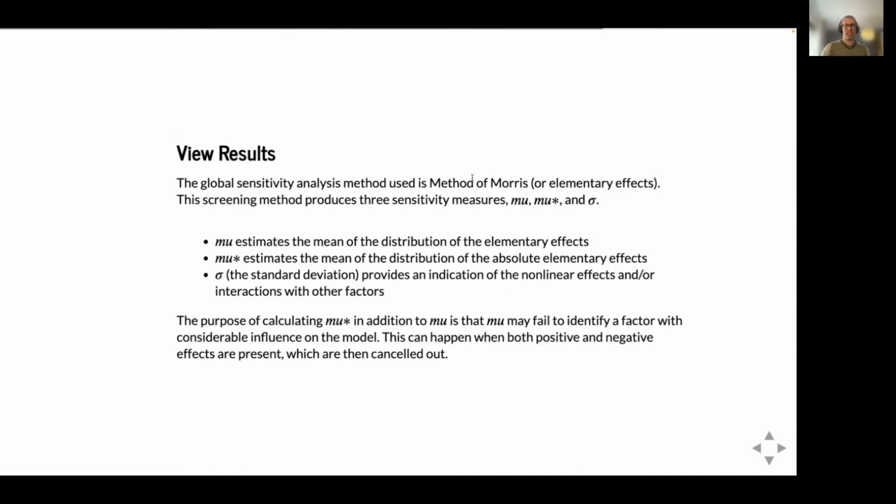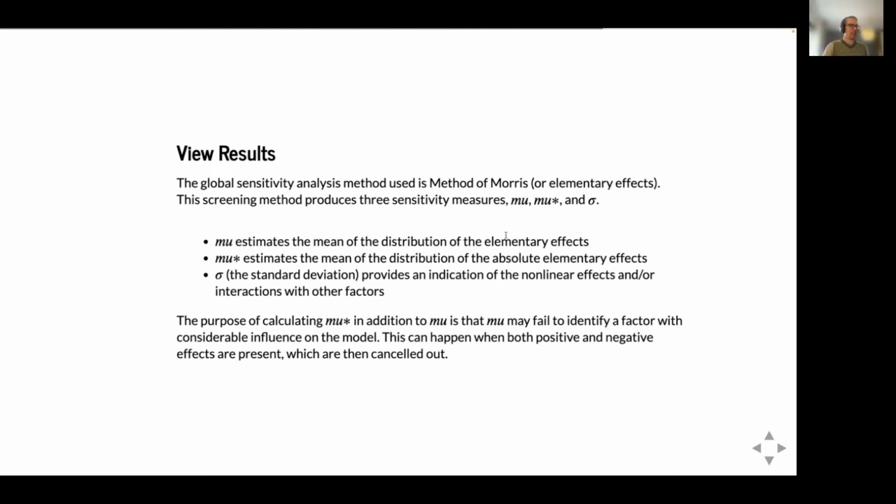The result is that you get a pretty good estimate of which of the parameters are influential and which are not. But what you get out of that approach are these indicators. So the mu value estimates the mean of the distribution of the elementary effects, the derivatives, if you like. The mu star estimates the mean of the absolute elementary effects.